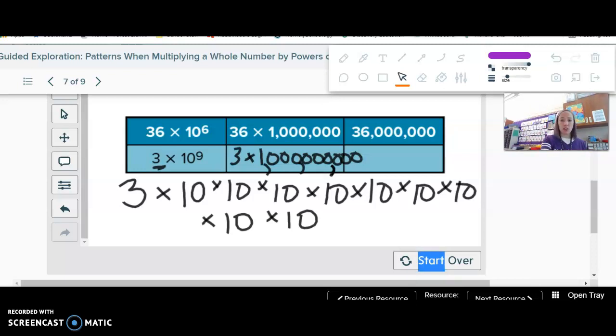So we have the thousands, the millions, then the billions. Now we can figure out, well, what's that going to be? 3 times 1 is 3. And then I need 9 zeros. 7, 8, 9. We're going to put that on your third line. 3 billion. So Neptune is 3 billion miles from the sun.